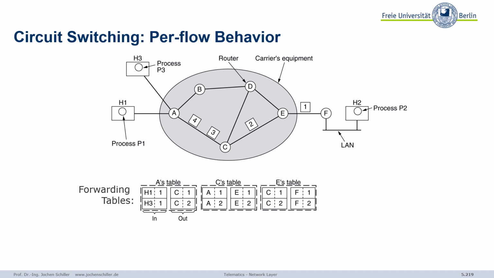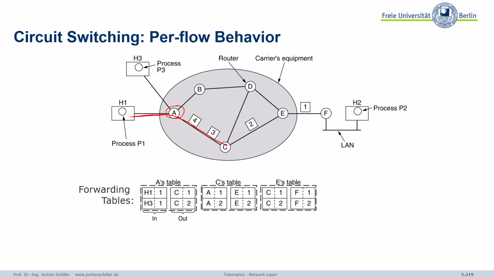But now we see that, for example, if we set up a certain flow, during connection setup the path is determined, and then A only knows that if something comes in from this H1, then it goes out via this C here.